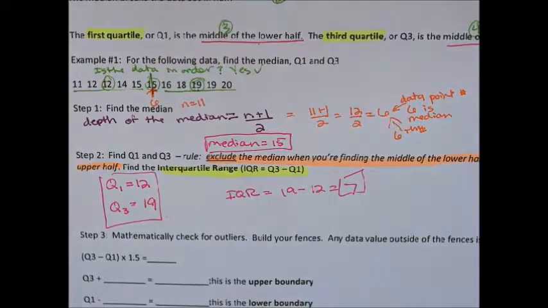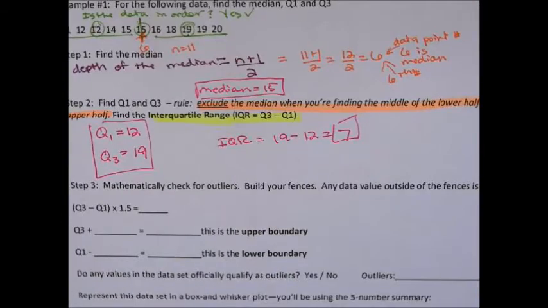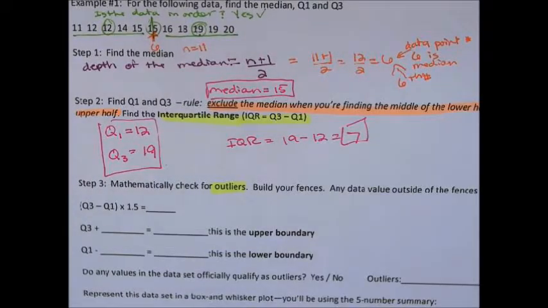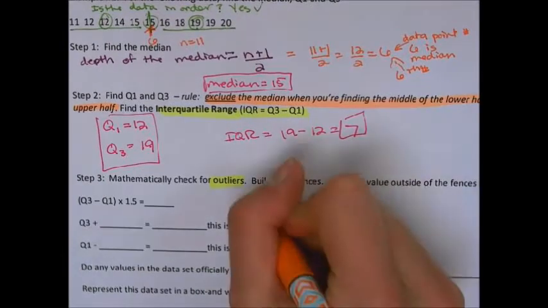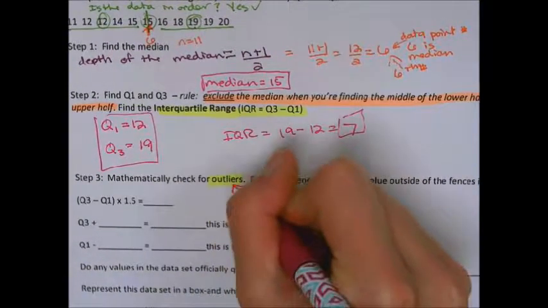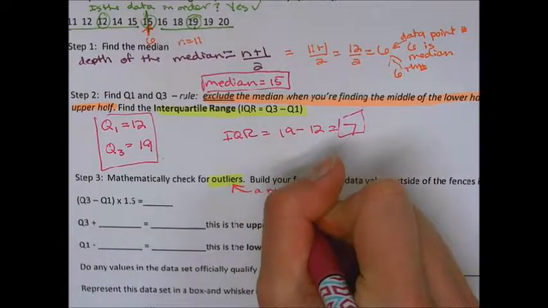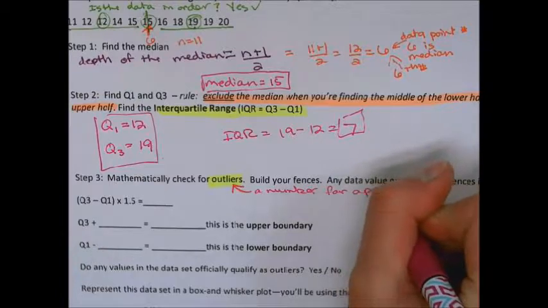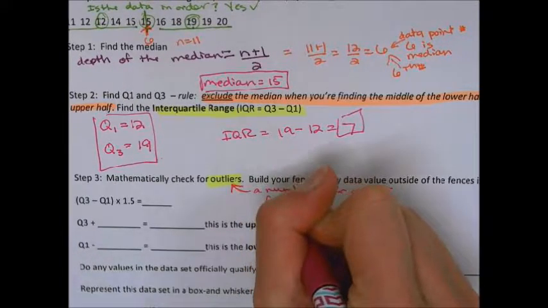Next, we're going to talk about outliers. And I think of an outlier as a number far apart from the others.